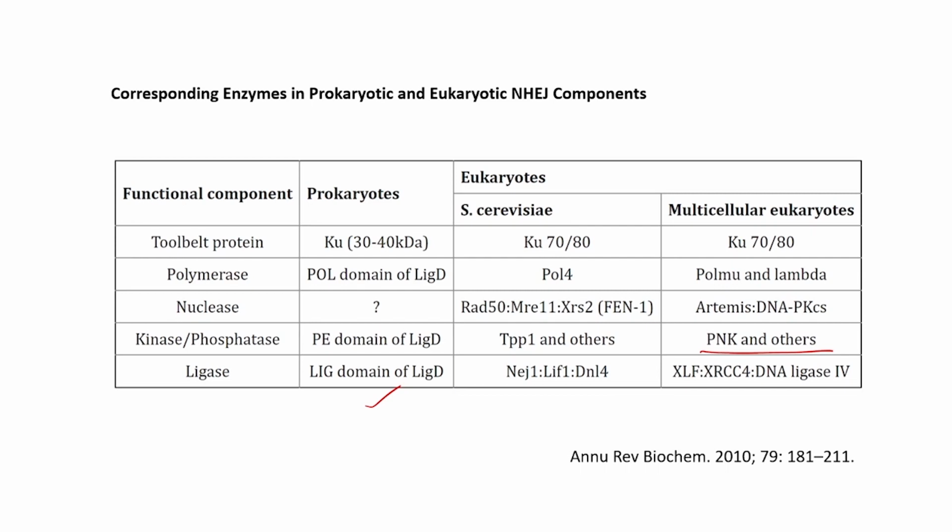In eukaryotes like Saccharomyces, it lies in the NEJ1, LIF1 and DNL4, while in multicellular organisms it lies in XLF, XRCC4, DNA ligase 4. So, from this comparison we can see the diversity of the protein molecules and players which are involved in prokaryotes, and also within eukaryotes, lower eukaryotes and higher eukaryotes have different proteins which carry out certain defined functions in the NHEJ pathway.